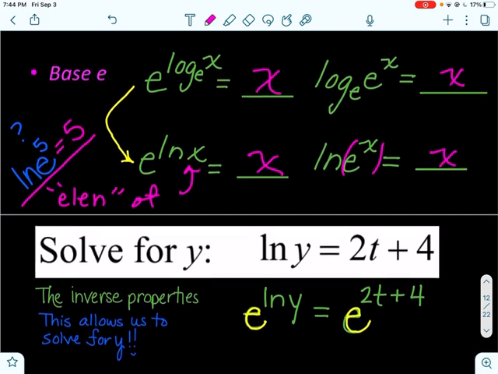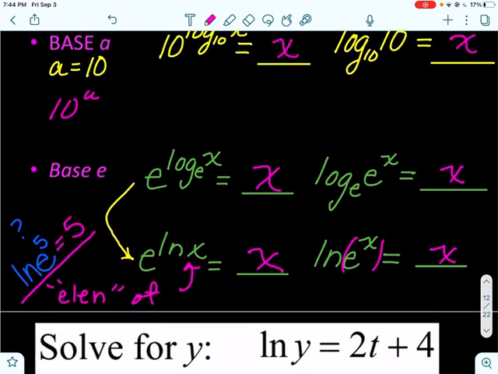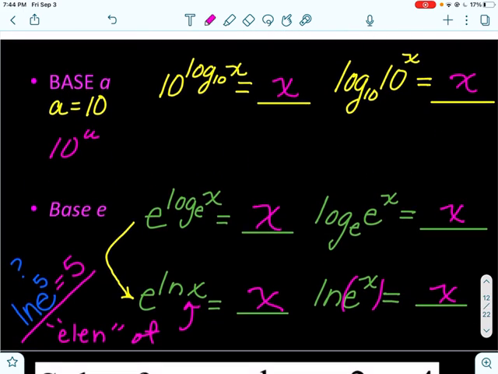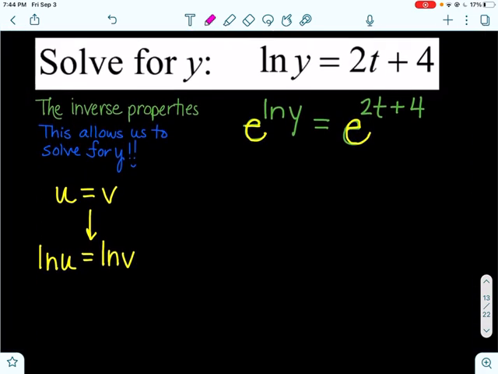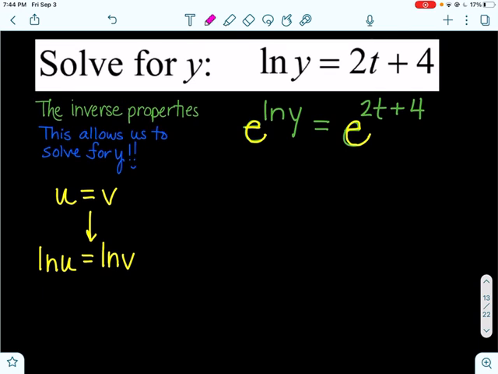Okay. So now we're going to use some of those compositions of inverse functions and the inverse properties, as I would call these, to solve for y in an equation where you have ln or a logarithm. If we want to solve an equation with logarithms in it, we often use exponentials or bases.